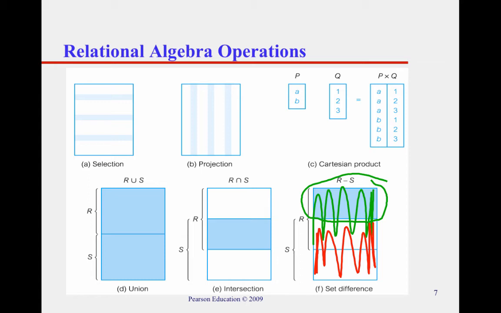So as an example of set difference, I might have 2 relations, administrators and professors. And I might wish to know which administrators are not professors. That's set difference.